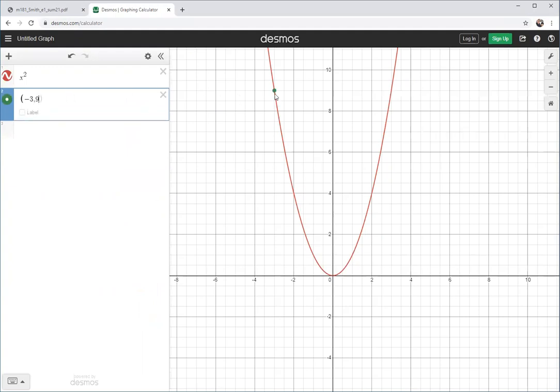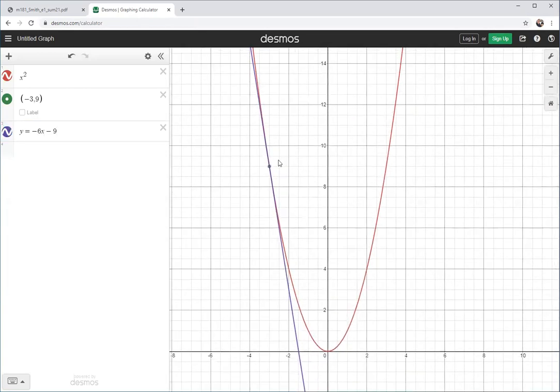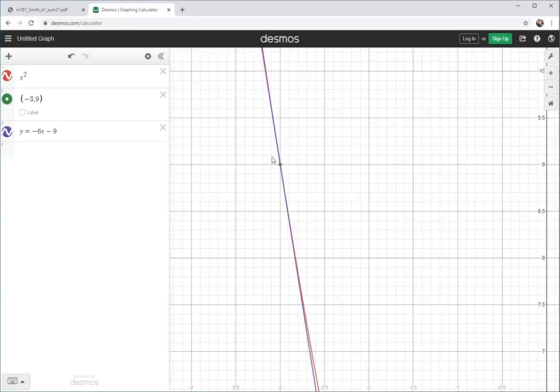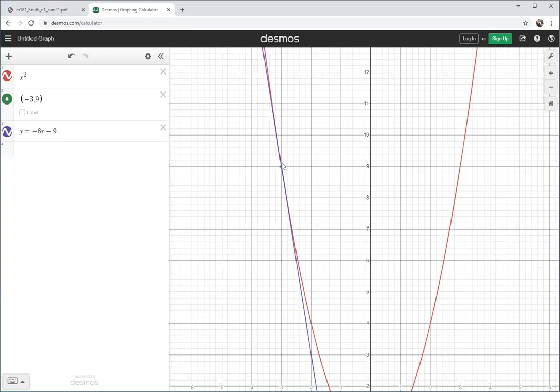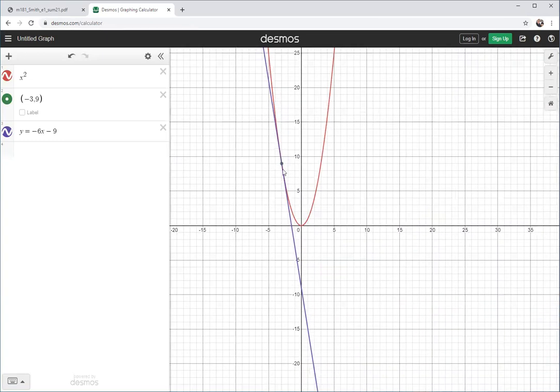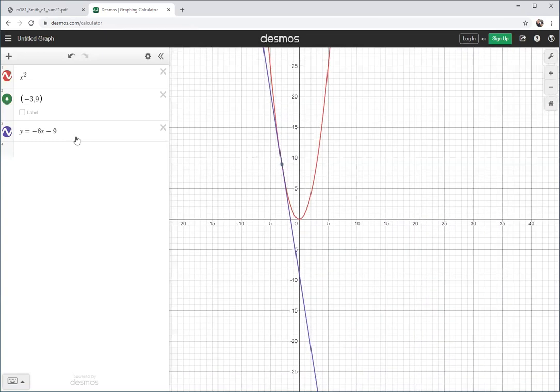We can see that it's right there. And now let's try to graph our function. We had y equals negative 6x minus 9, if I'm not mistaken. And there we are. We can see that it just kisses the curve right there, and it goes through the point we desire. So I think this is the correct equation. But yeah, you can always use this to check your work when going about these.